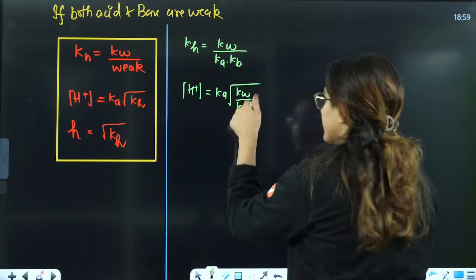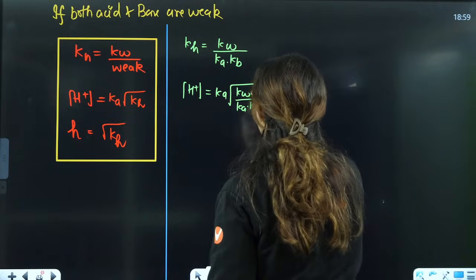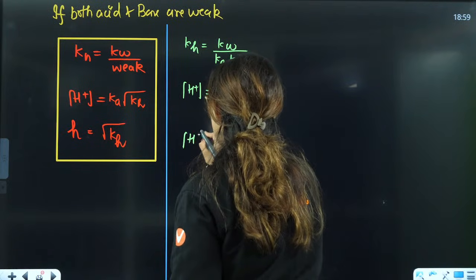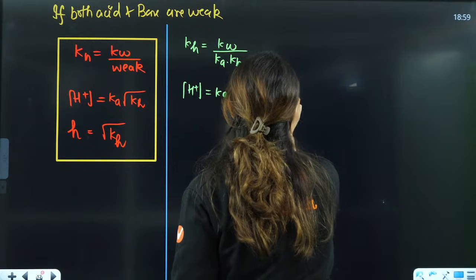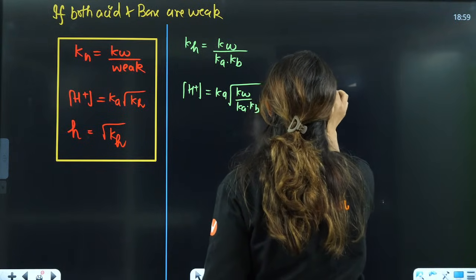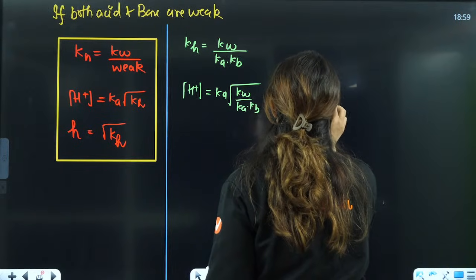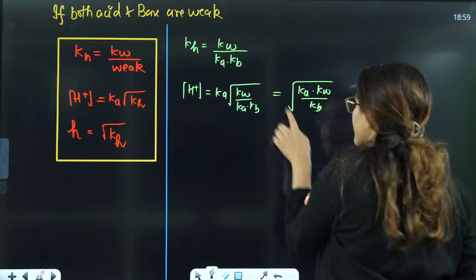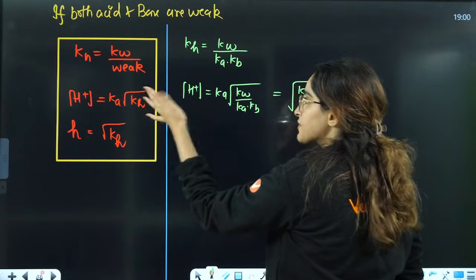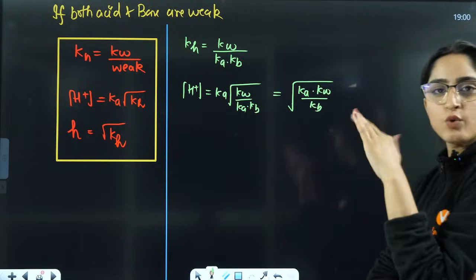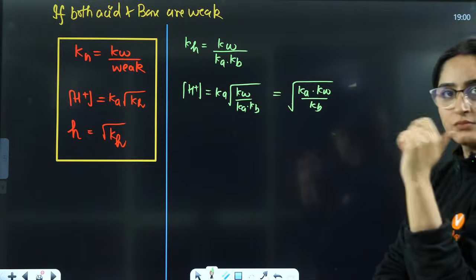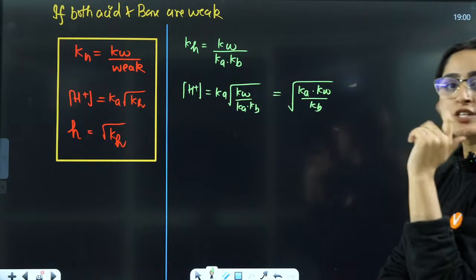If you put it here, it will be cancelled, or you can just put H positive is equal to under root of Ka multiplied by Kw by Kb. But you don't have to remember this, just remember this part, that H positive is under root of Kh. Kh is Kw by Ka into Kb, right? From there you can easily, within seconds, calculate.